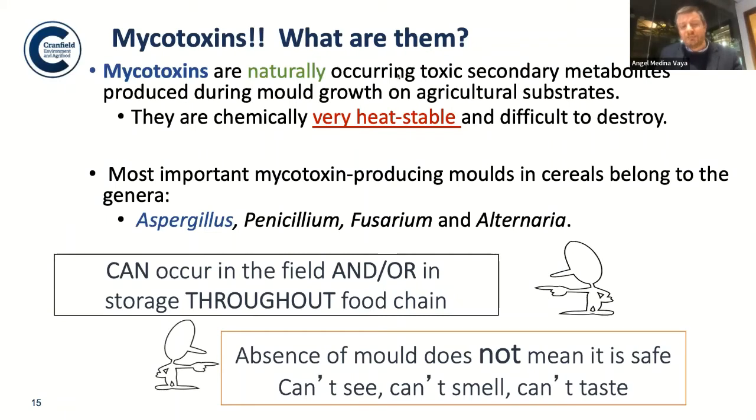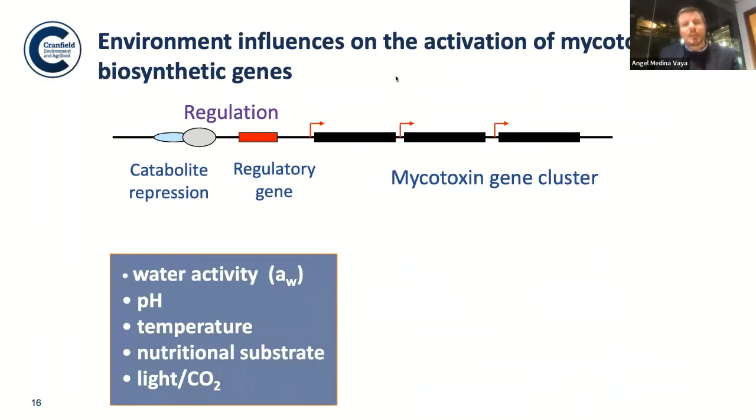One thing that makes these toxins very interesting for us is the way they are regulated within the fungi. As I show here in this graph, most of the genes that the fungi need to produce these toxins are all together in the genome, and normally before these genes you have a regulation area.